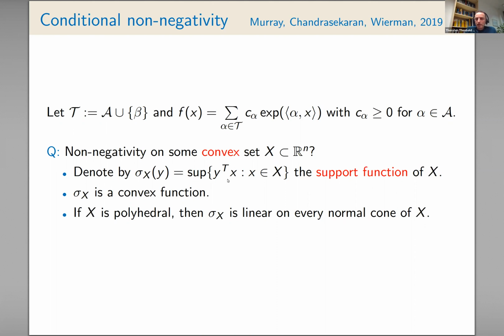If we are, for instance, in a polyhedral situation, where X is a convex polyhedron, then determining the support function is a linear program. It's a convex function. If X is polyhedral, then the support function is linear on every normal cone of X.